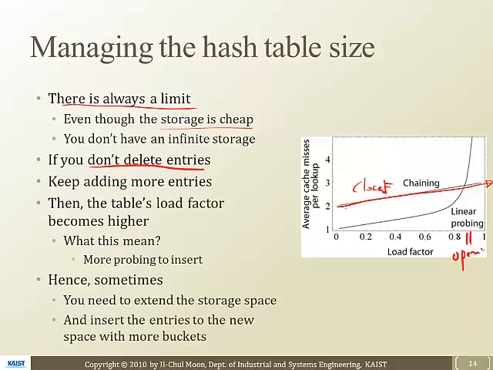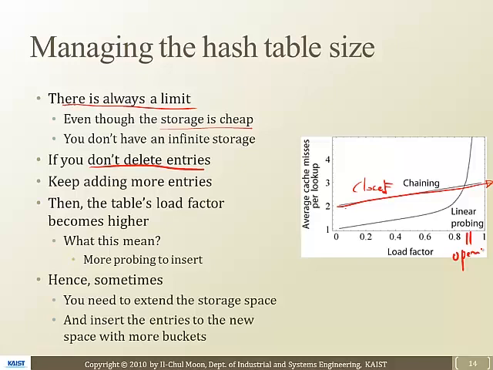It's not using any different data structures in addition to the hash table. Chaining makes up for it with the linked list. But open addressing only uses the hash table space, which is created using an array, right? So there is always a limit.